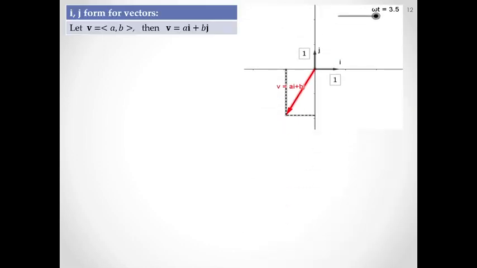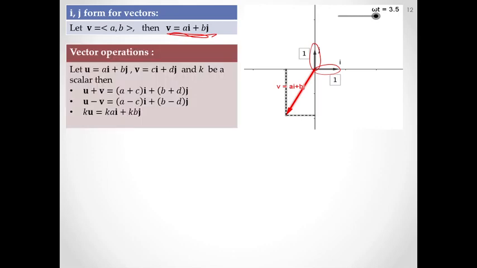Now let's look at here. This is what I told you: v is equal to ai plus bj, where i and j are the unit vectors in the x direction and the y direction. For the vector operations, we can write the same things with i and j. You add the i components together, a plus c, and in subtraction you subtract the i components and j components from each other.